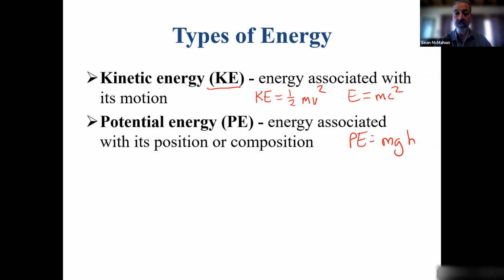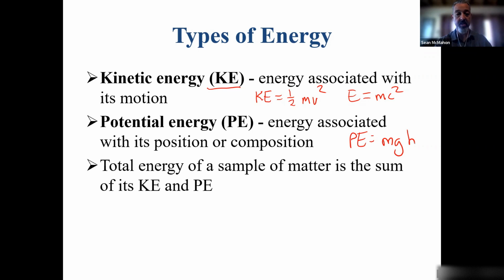So potential energy is based on position. So the total energy that an object has is both kinetic and potential energy. So you have some kinetic energy, movement, right? And then you have some stored energy, right? Because potential energy, it's with its position and it's stored. It wants to move, but it hasn't quite yet.